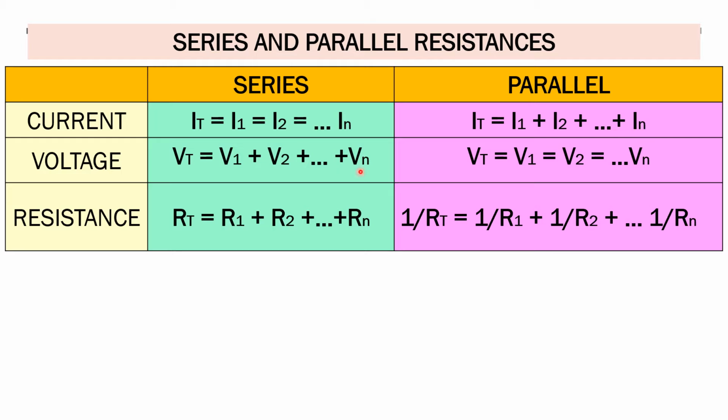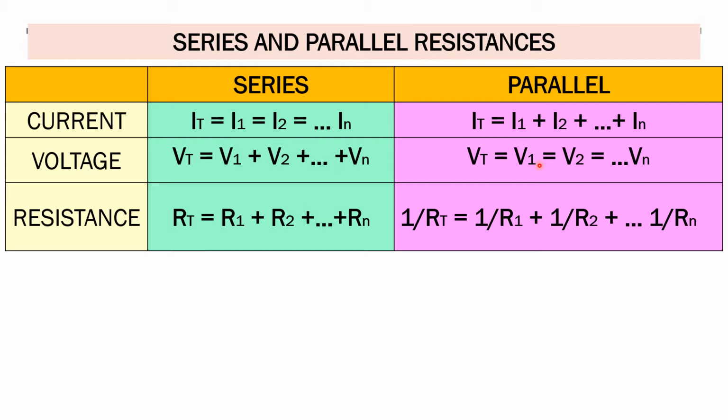For voltage, we have this formula for determining the total voltage in a series circuit: Vt is equal to V sub 1 plus V sub 2 plus V sub n. Now for a parallel circuit, the total voltage and the individual voltages are just equal.